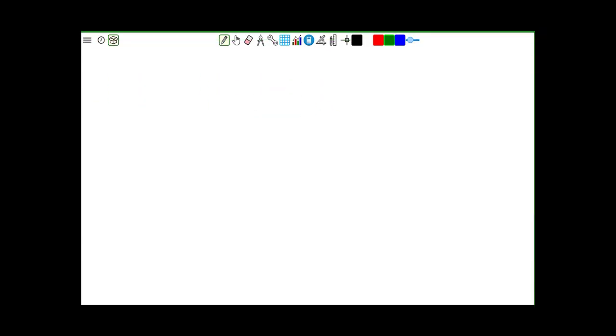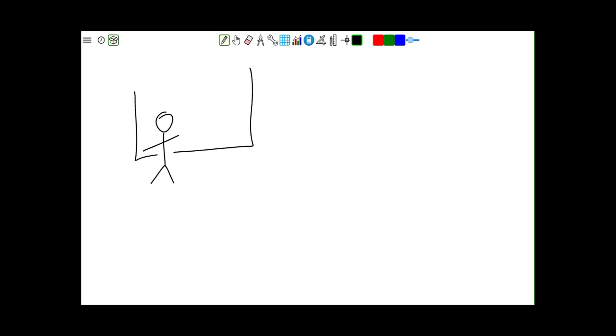Now, you're familiar with symmetry because every time you look in the mirror, you see a mirror reflection of yourself. That reflection shares the symmetry of your body.